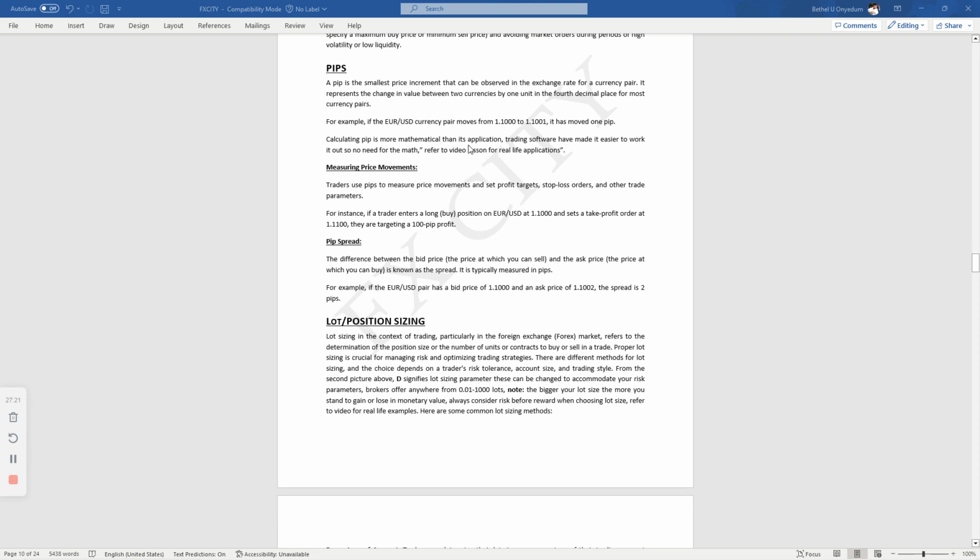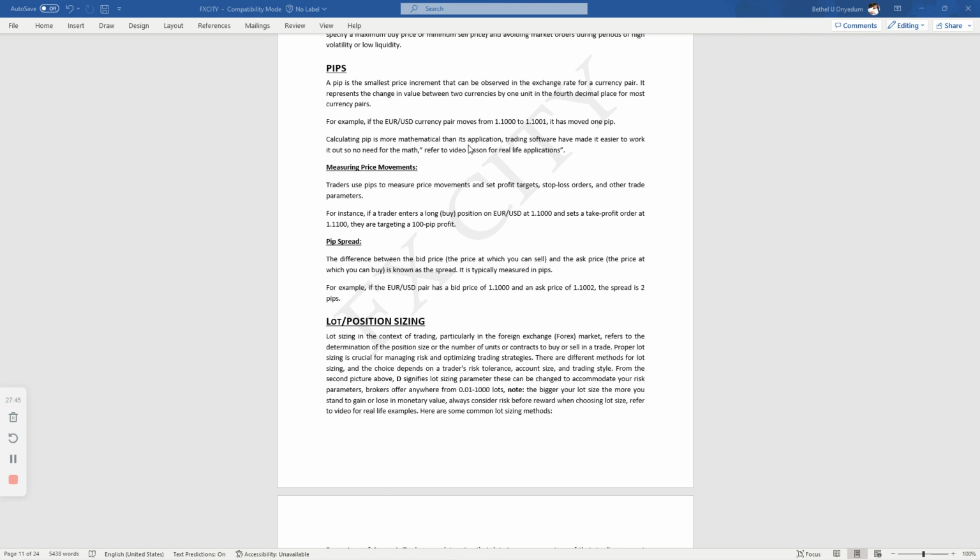Okay, so moving on to pips. A pip is the smallest price increment that can be observed in the exchange rate for a currency pair. This is how we measure our stop loss and our TP, in pips. If you are checking how much money you are making, you say I'm up 100 pips, I'm up 200 pips, I'm up 500 pips.